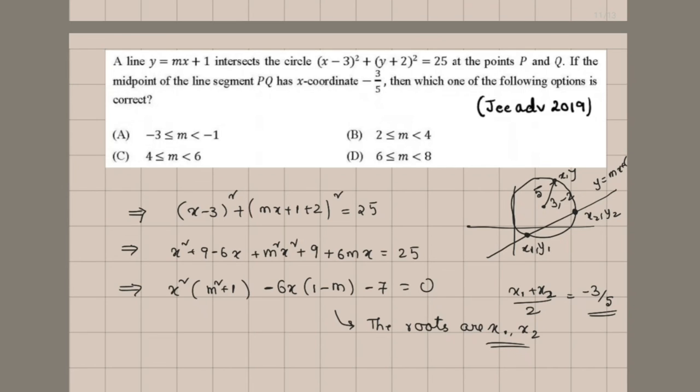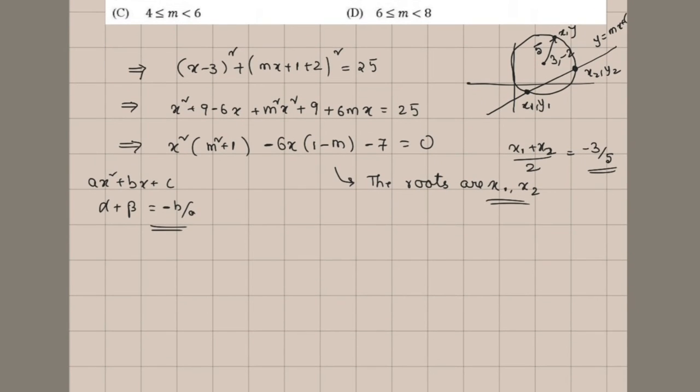We know that in a quadratic equation ax square plus bx plus c, alpha plus beta, where alpha and beta are roots, equals minus b by a. This is 9th standard or 10th standard basics. But we know that x1 plus x2 is nothing but the sum of the roots. So x1 plus x2 equals minus b by a.